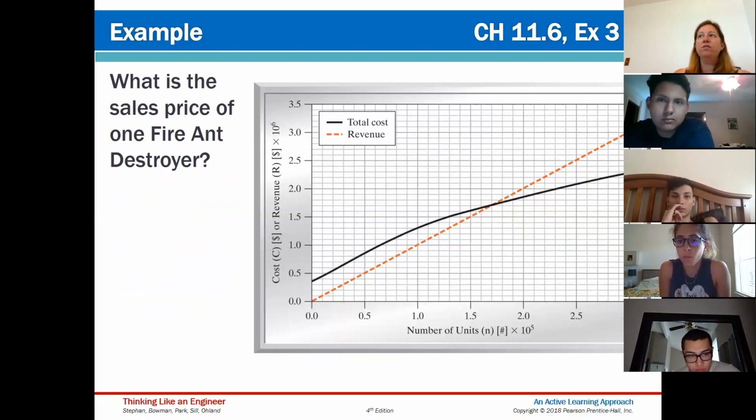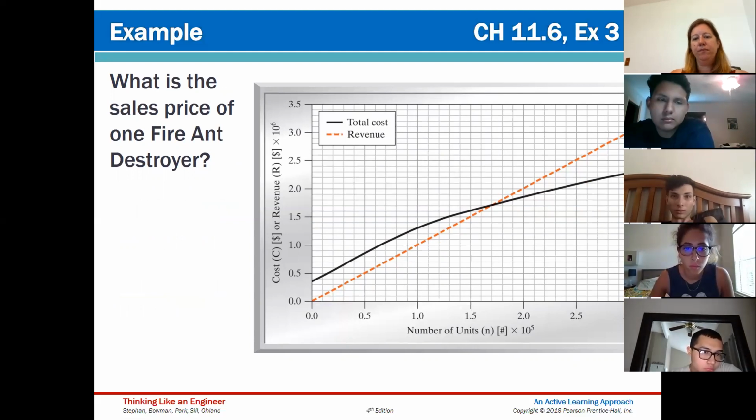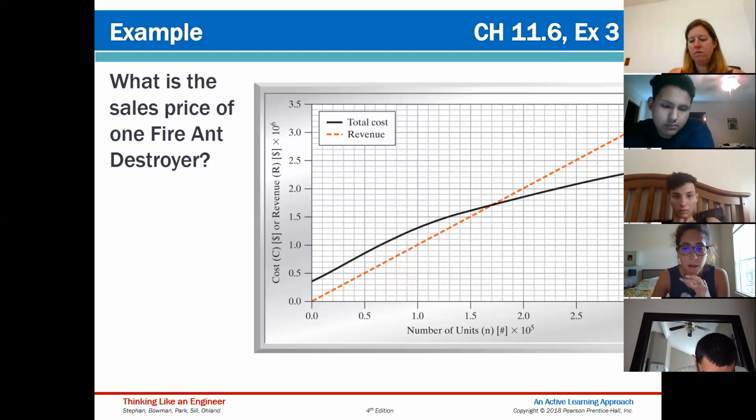So based on our graph, what is our sales price of one fire ant destroyer? So we know the selling price.